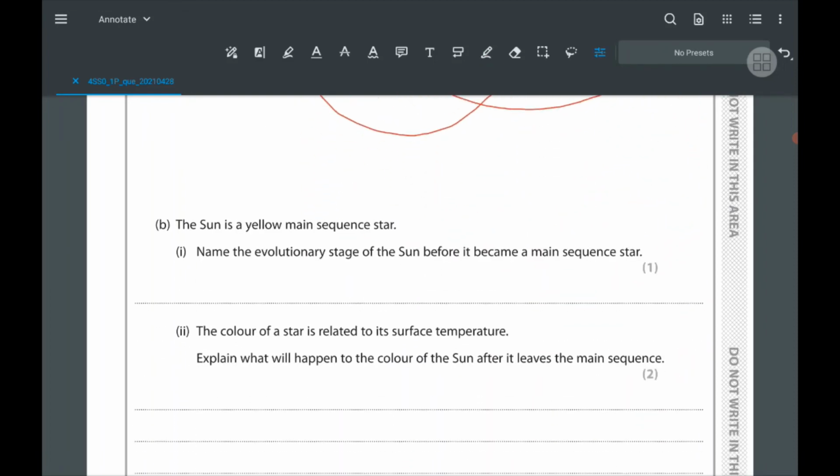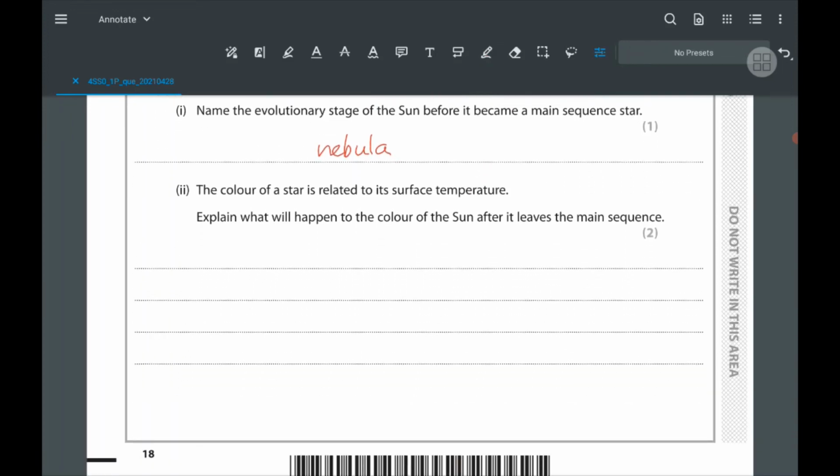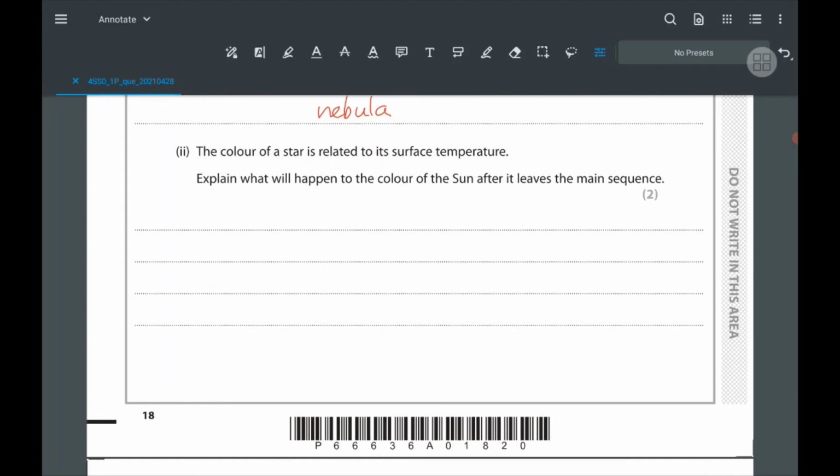Name the evolutionary stage of the sun before it becomes a main sequence star. That is nebula. We had this same type of question in the previous paper also. Nebula. The color of a star is related to its surface temperature. Explain what will happen to the color of the sun after it leaves the main sequence. We know that when the sun leaves the main sequence, it turns into a red giant. So that means its surface temperature is decreasing and it is turning red.